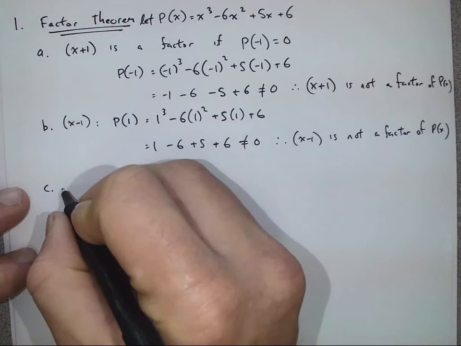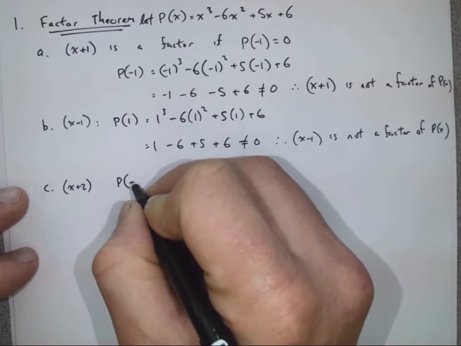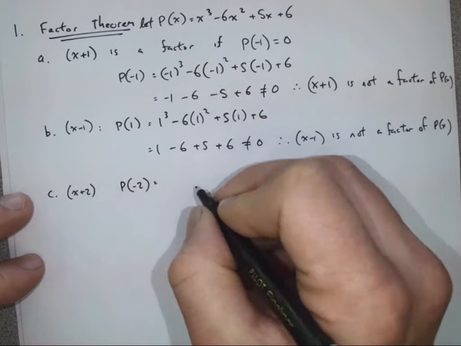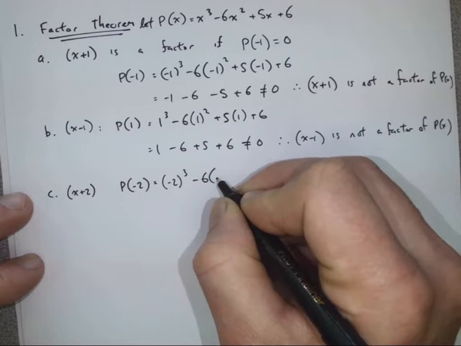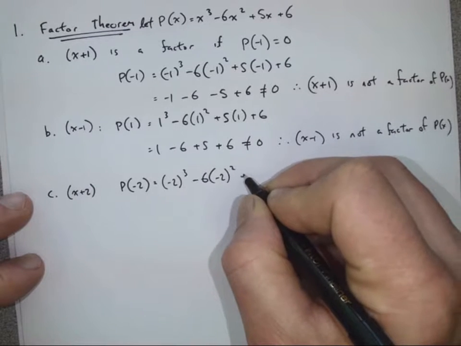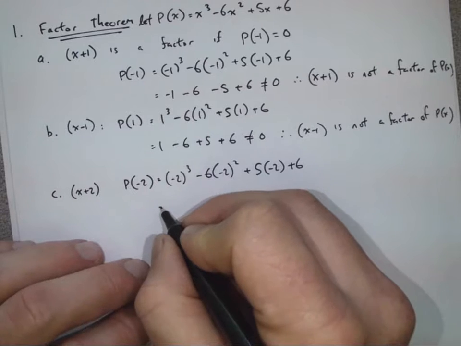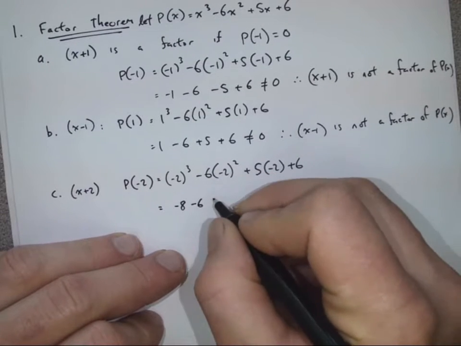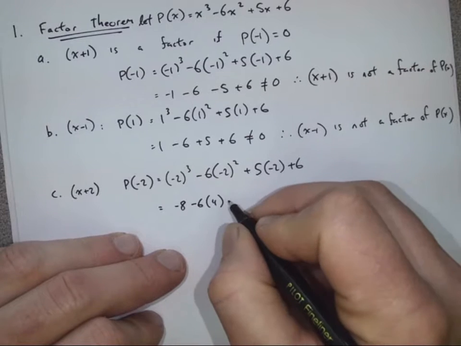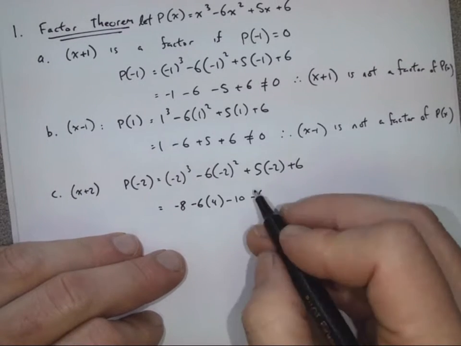So then we have the potential factor x plus 2. So we're checking really what p of negative 2 will be when we punch negative 2 in. So we get negative 2 cubed minus 6 times negative 2 squared plus 5 times negative 2 plus 6. And negative 2 cubed is negative 8, minus 6 times 4, minus 10, and add 6.